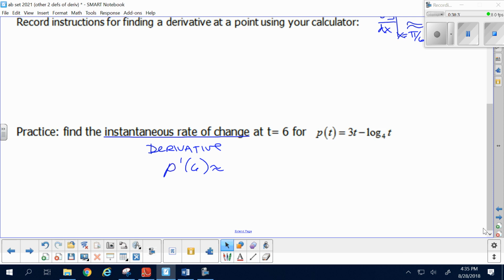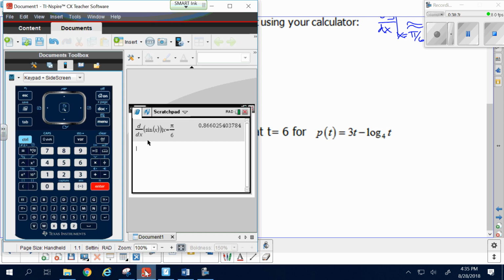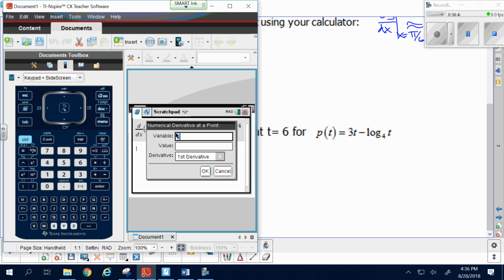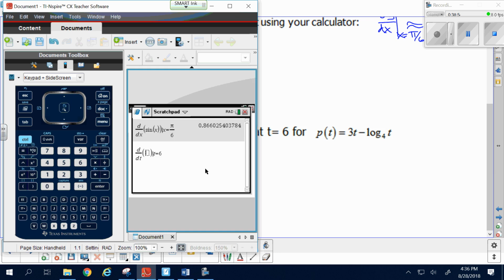Here's your calculator. Okay? We want the derivative. This time it's t. Well, you could use x actually and just pretend they're x's. At pi over 6, and the first derivative.